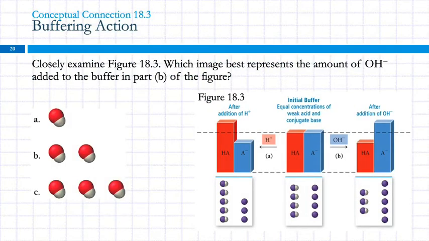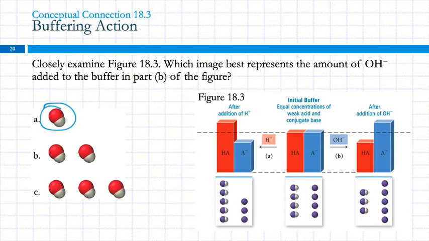So this is a conceptual question. Looking at this diagram we were just looking at, which image best represents the amount of hydroxide that's added to the buffer in part B? So going from here to here, were we adding 1, 2, or 3 molecules of hydroxide? 1. Because if we add one of these, it's going to eat up one of these.